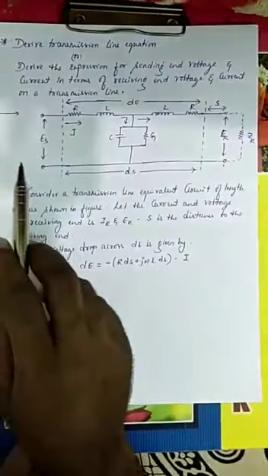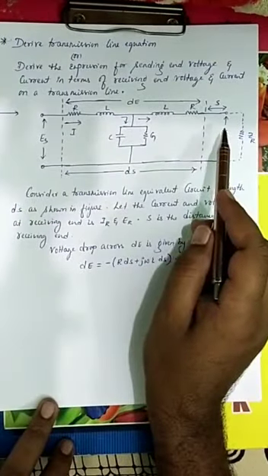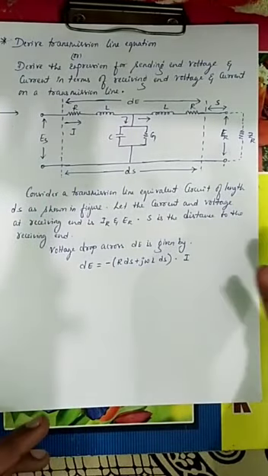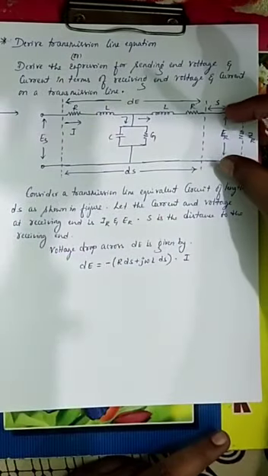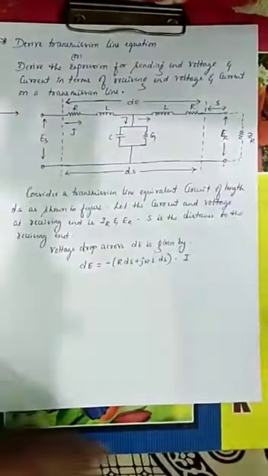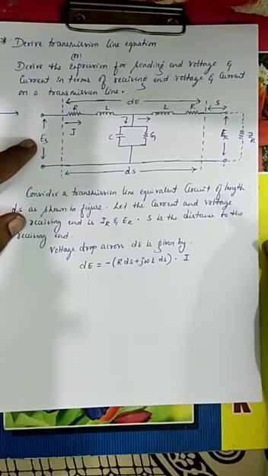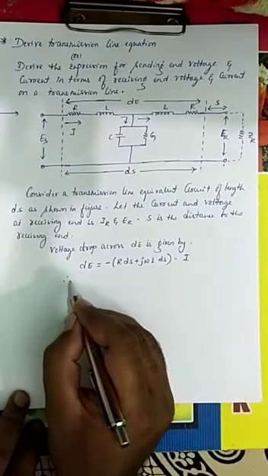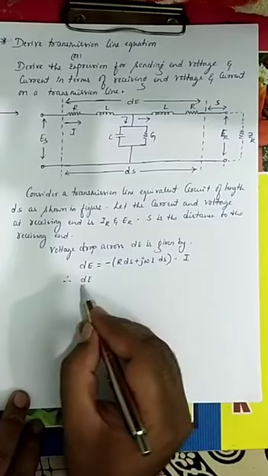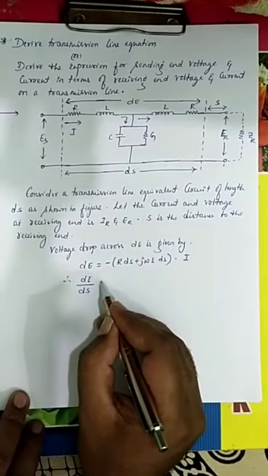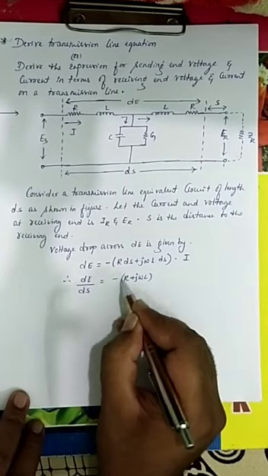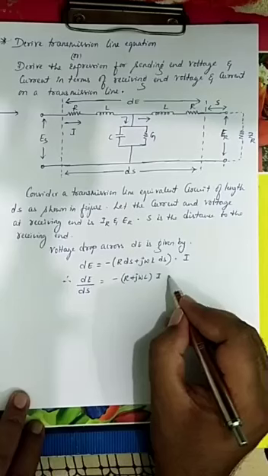If the voltage at the output side were greater than at the input side, it would be against the law of conservation of energy. So the voltage at the destination end will be less than the voltage at the source end, hence I have written a negative sign. Therefore, taking ds common, dE by ds is equal to minus (R plus j omega L) into I. Let us say this is equation number 1.